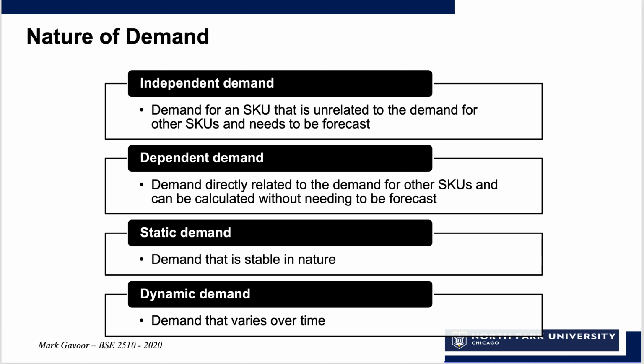That number of inner tubes, that number of tires, etc. You see how it goes. I need 1 saddle per bicycle. All the parts of the bicycle are dependent on the number of bicycles I forecast that I have to make. Static demand is demand that is stable in nature.